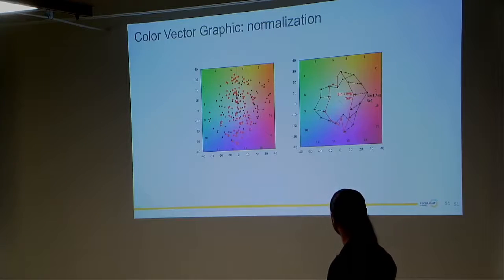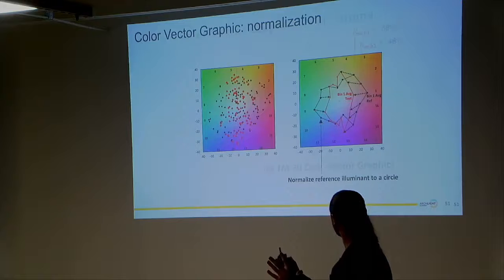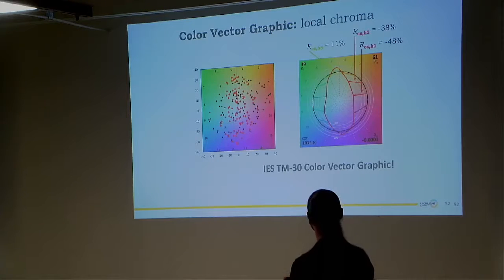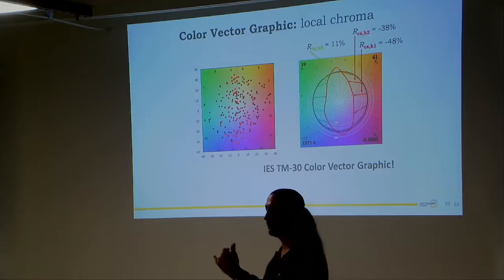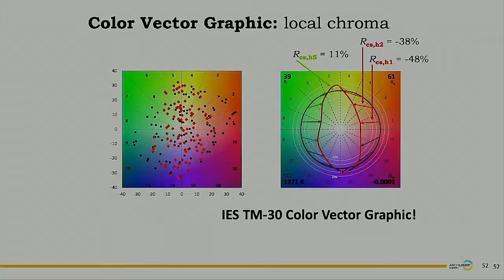Okay? And then to make this a little bit easier to understand, we take the reference source and we force it into a circle. And we do that because it makes it a lot easier to visualize. So what is contained in this graphic is something called Chroma Shift. Chroma being sort of chroma or saturation shift.